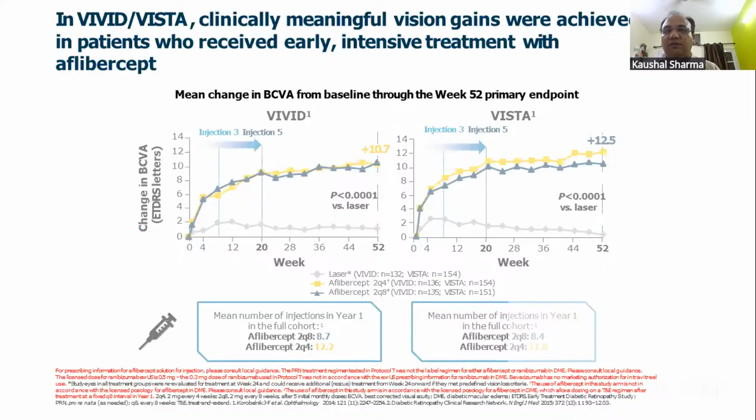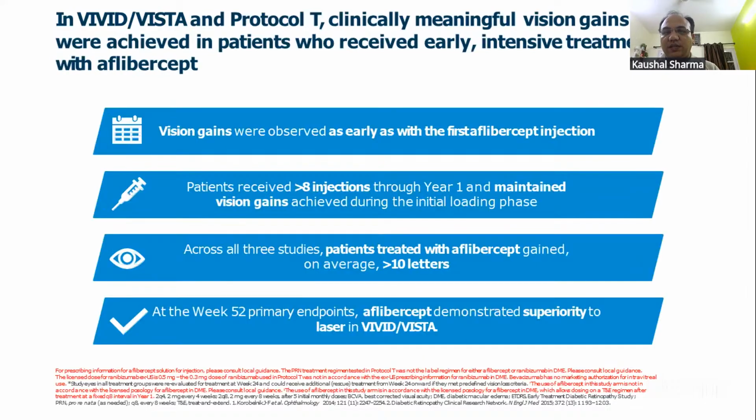In the VIVID and VISTA studies, clinically meaningful vision gains were achieved in patients who received early intensive treatment with aflibercept. Mean change in BCVA from baseline through week 52 to the primary endpoints. Next.